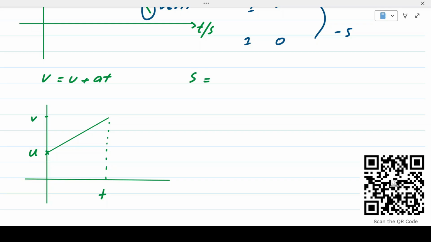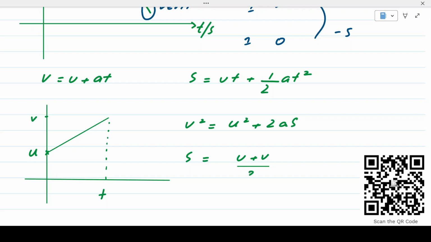Another equation is s equals ut plus 1 over 2 at square, and then you have v square equals u square plus 2as. Then you have another one, s equals (u plus v) divided by 2 multiplied by time.